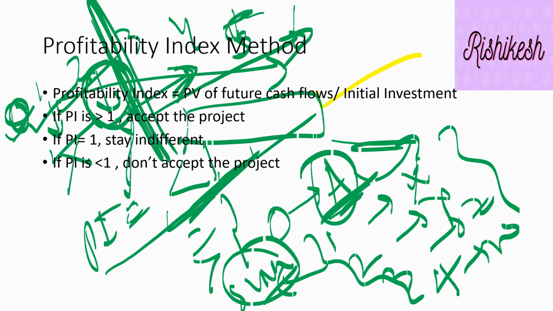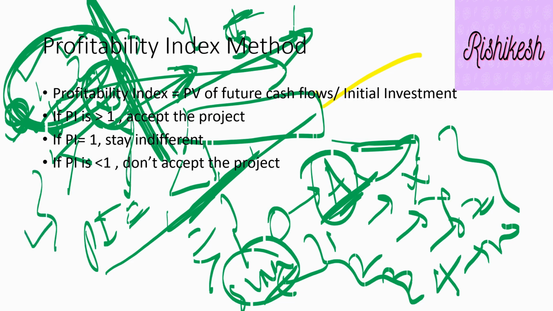But at least at the end of the second year, you will lose only the capital you have invested for year 1 and year 2. So it's also used as an appraisal technique to make sure whether your project is going in the right direction or not. That is also one of the uses of the profitability index method.